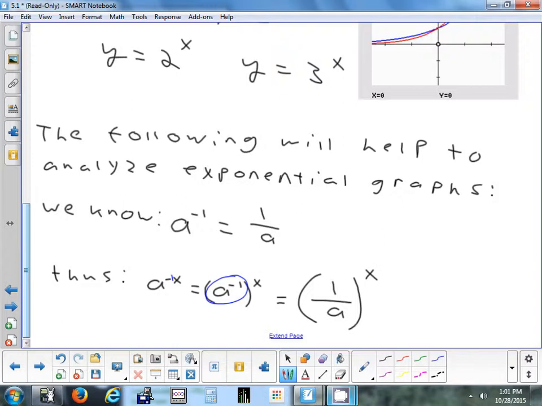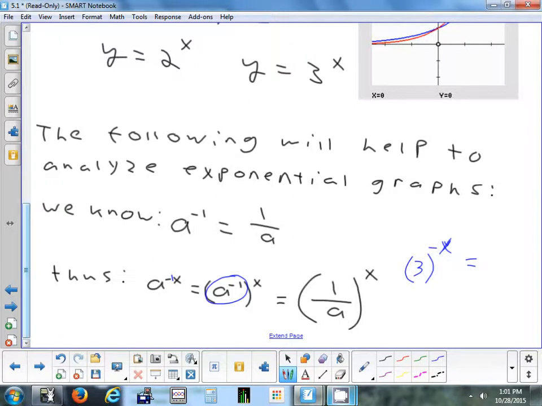So what if I had 3 to the x with a negative? Okay, what would that be the same as? Oh, sorry, that'd be a little hard to do. Let's make it -x as my exponent.